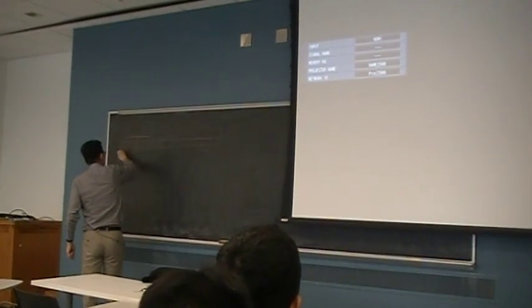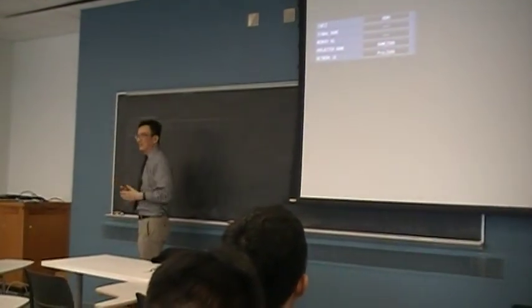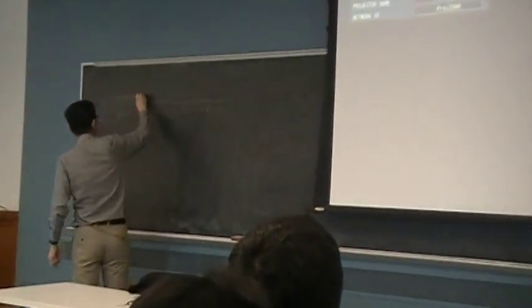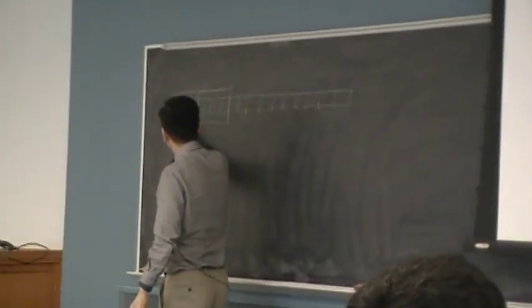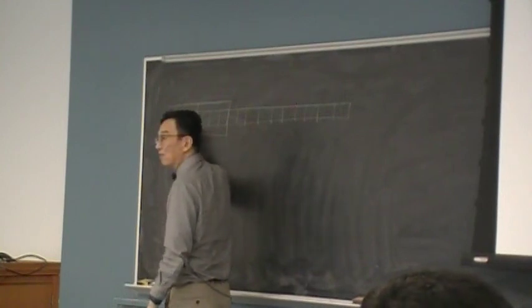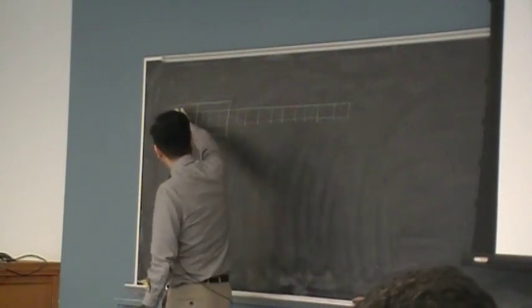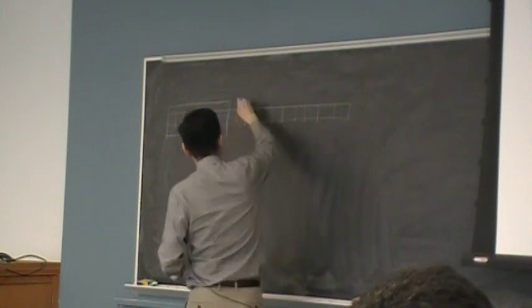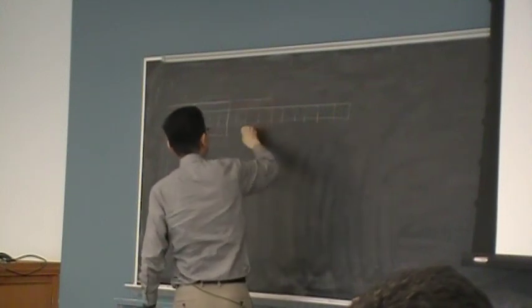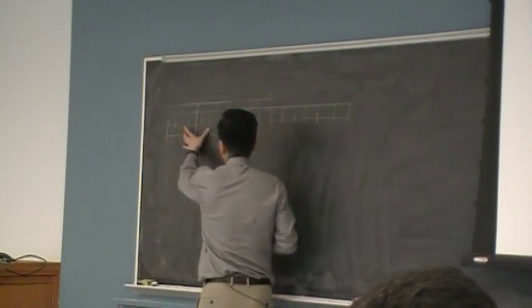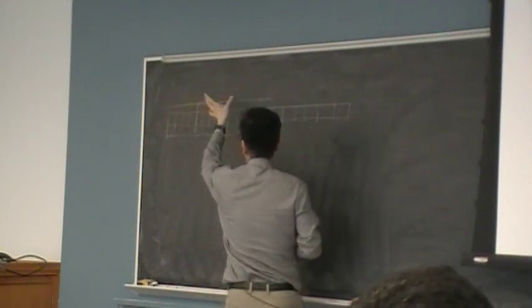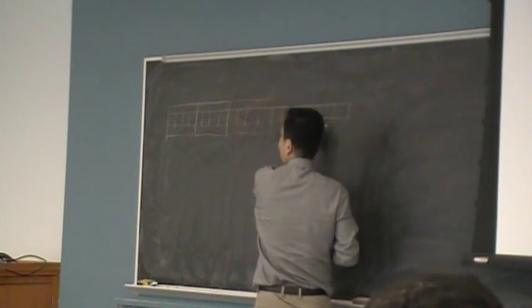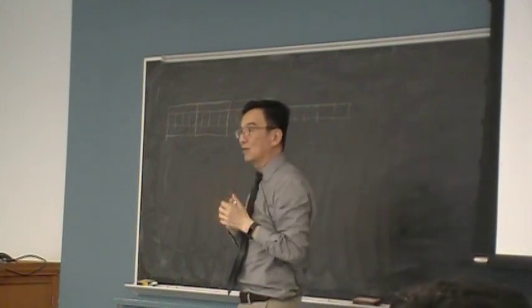Let's say each thread block has 4 threads, and make it small. Each thread is processing one frontier node. If we have 2 thread blocks, then the 2 thread blocks will finish this one, and then the threads will advance here and advance here, and then finish the computation.